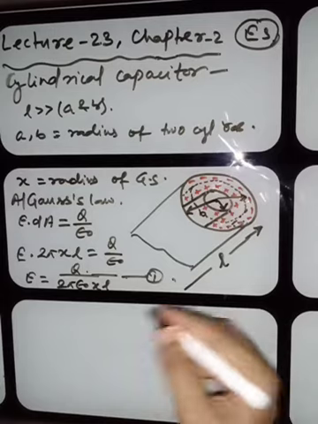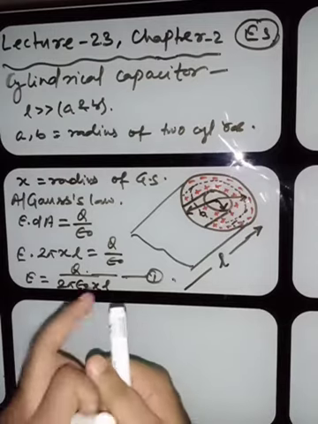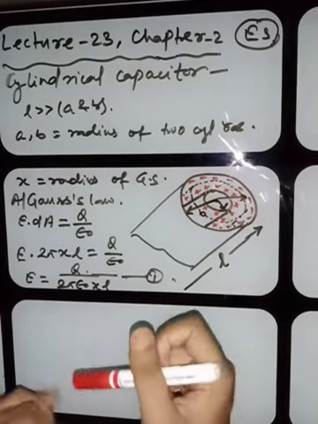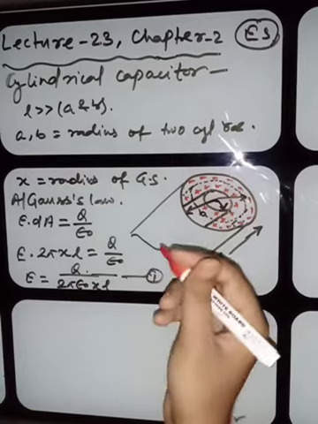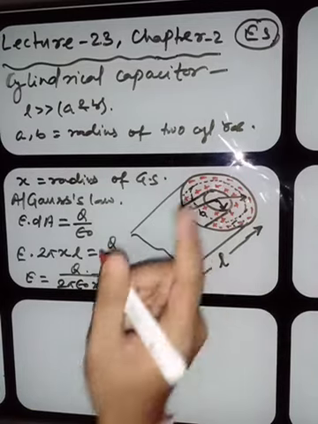Now, what was the second step? Recall? Yes, the second step was to find the potential. Now, the potential difference between the two cylinders.